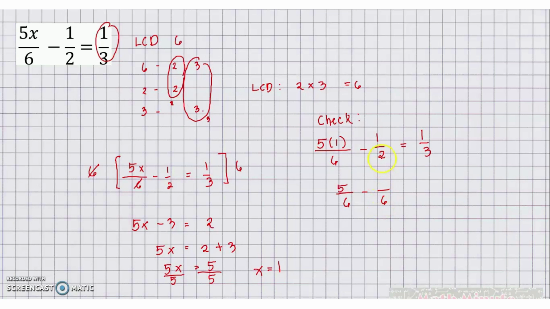So 6 divided by 2, that's 3. Multiply by the numerator, which is 1. So that will be 3. Is equal to 1/3. So we subtract 5 minus 3, that will be 2, over 6 is equal to 1/3. The lowest term for 2 over 6 is 1/3. So therefore, x is equal to 1. So the solution x is correct.